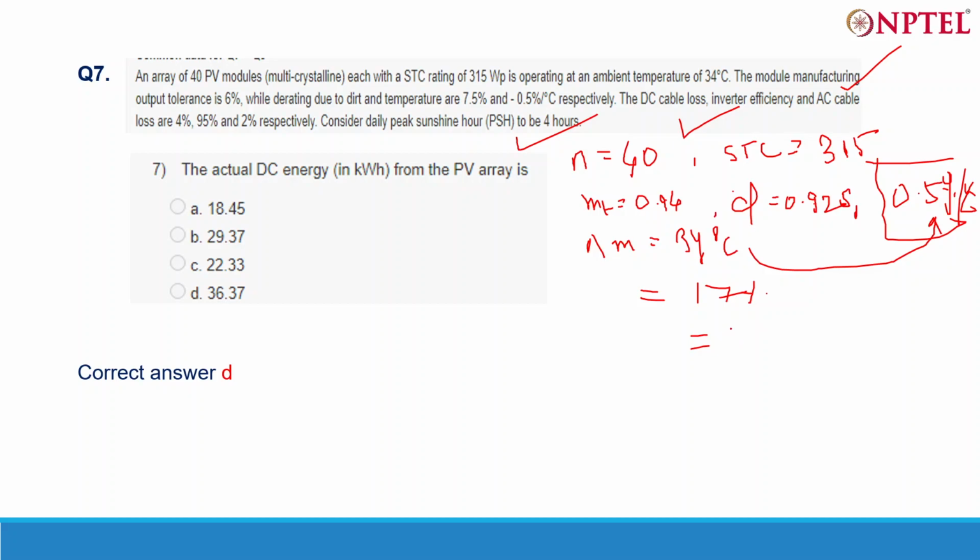So 100 minus 17% will be 83%, that is 0.83. Okay, so you have to consider 0.83. So now the actual DC energy output from the PV array.